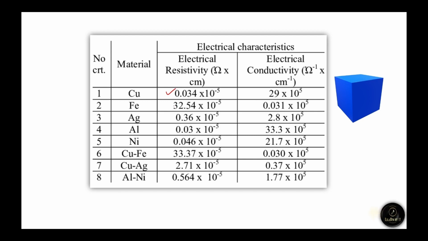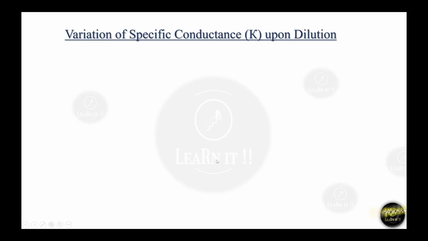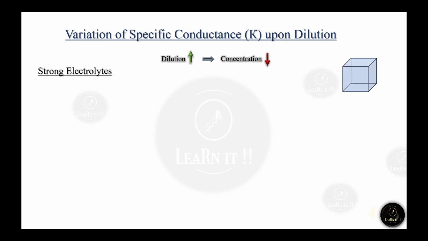Because of this, we use copper in household wiring, not iron, because there would be dissipation of energy by the iron. We want to know the variation of specific conductance or conductivity with dilution, or on adding water. We know as dilution increases, concentration decreases. So let's look at strong electrolytes. Strong electrolytes undergo complete dissociation, so they give ions.